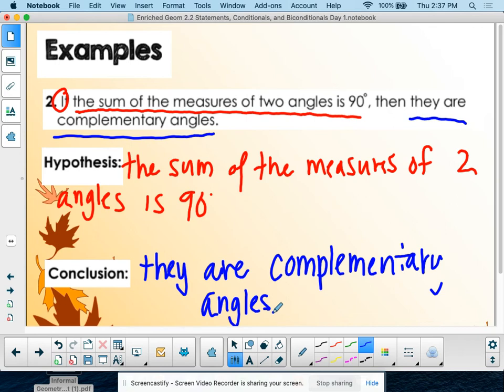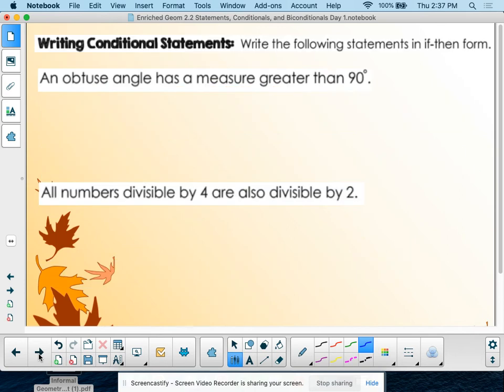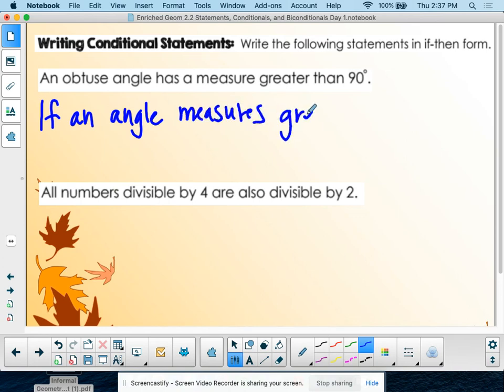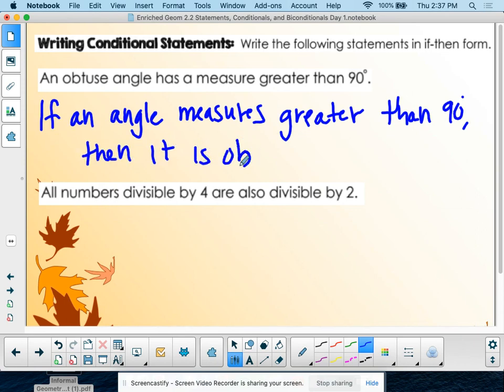Now the next two examples, we have to write our statement in if-then form. Okay? So it says, an obtuse angle has a measure greater than 90. There's kind of a few ways you could write this one, but I guess what I think of is if an angle measures greater than 90 degrees, then it is obtuse.